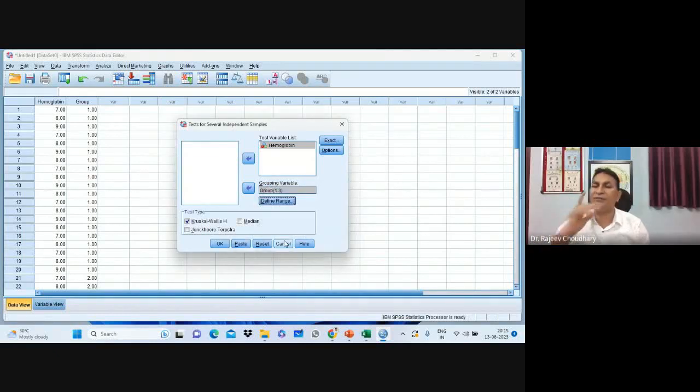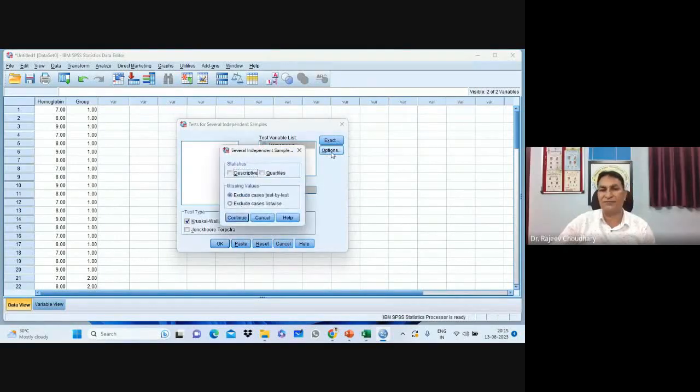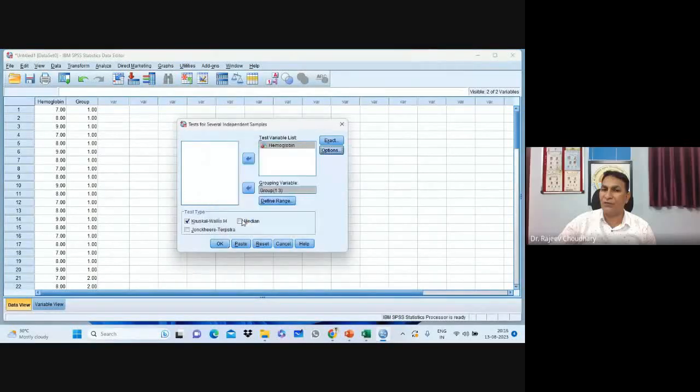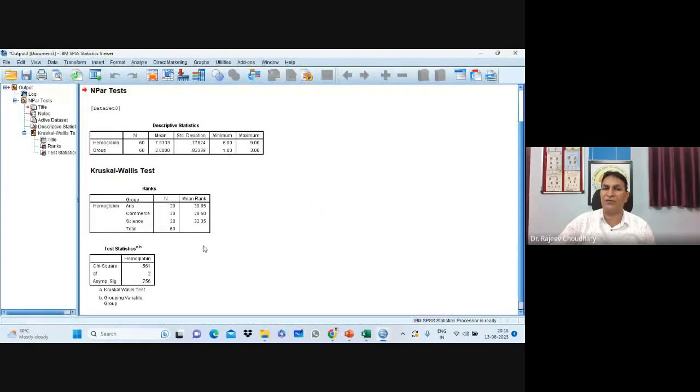Click on Options and opt for Descriptives. Click on Continue. Click on OK. The result will be in front of you.